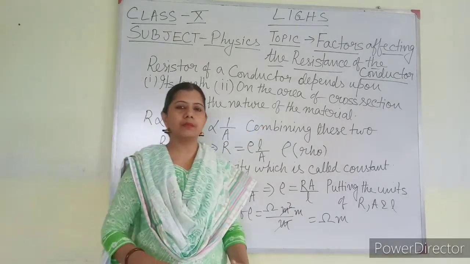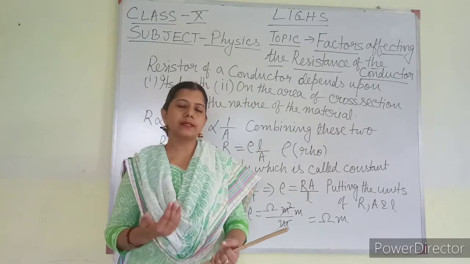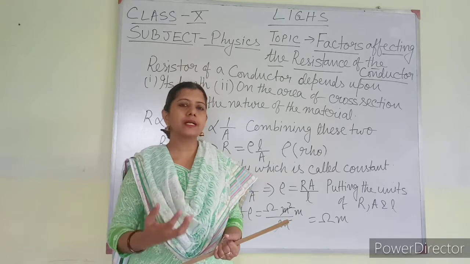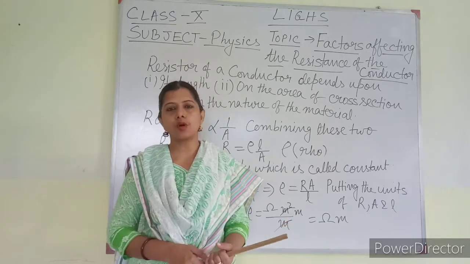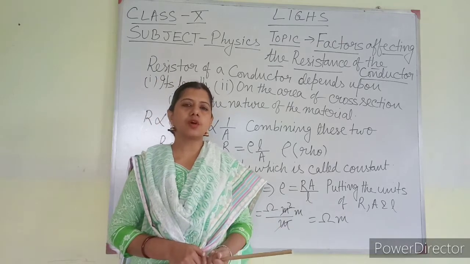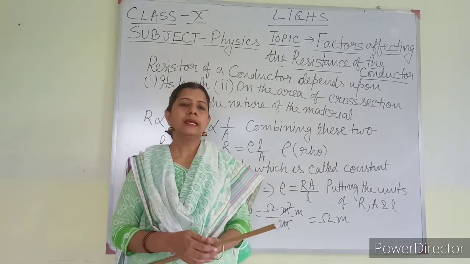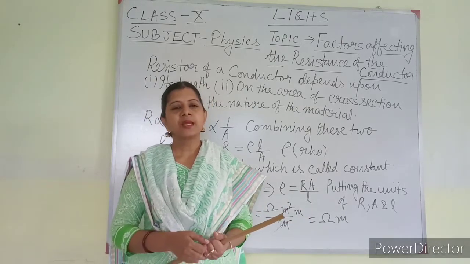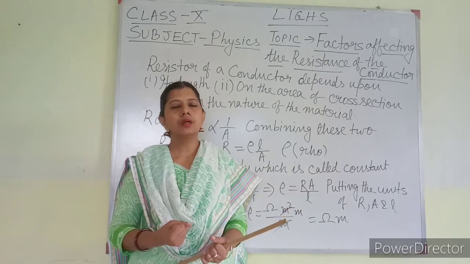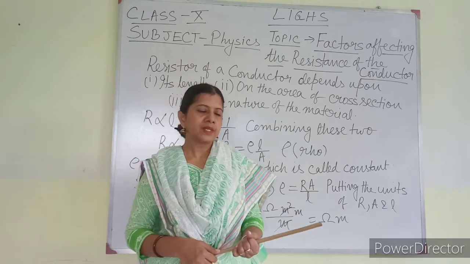Nature of material means whether it is copper, iron, silver or gold. That means different materials offer different obstruction for the flow of electricity. The material which offers less obstruction is a very good conductor, and which offers more obstruction is not a good conductor.